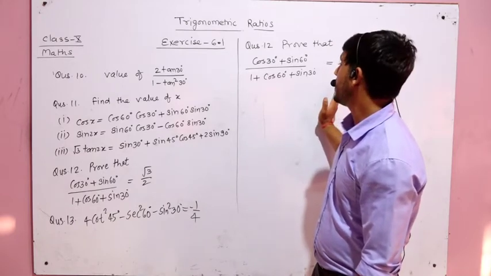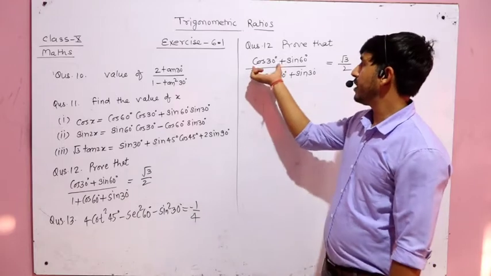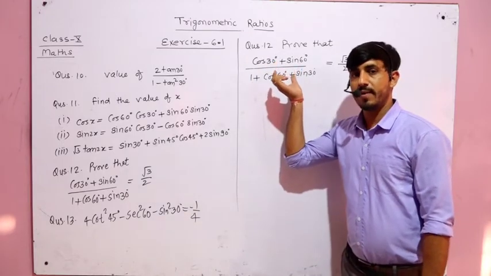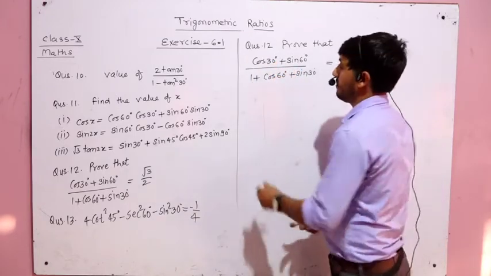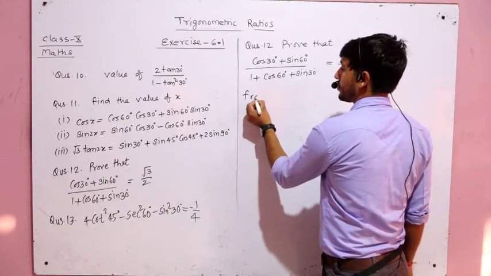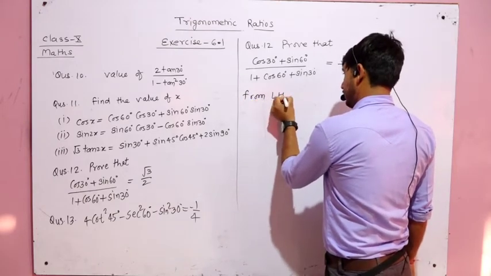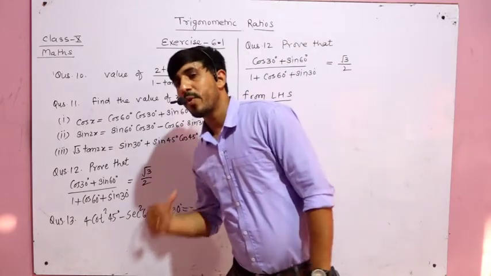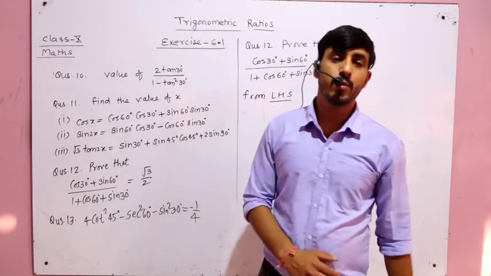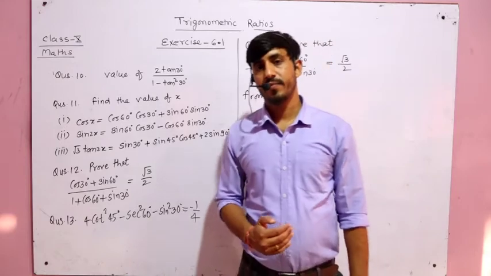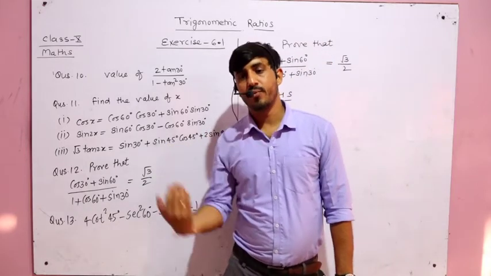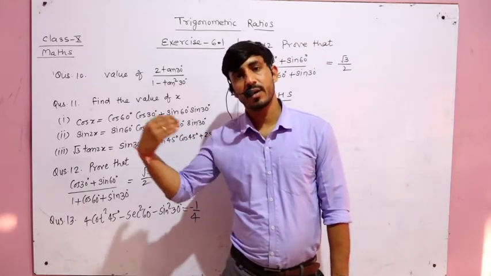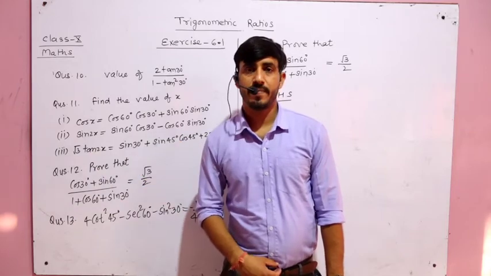And here you can see we have all the values from the table in the LHS. Then we will take LHS. In this type of question, when we have to prove, take one side from the question and prove the other side by using the first side.